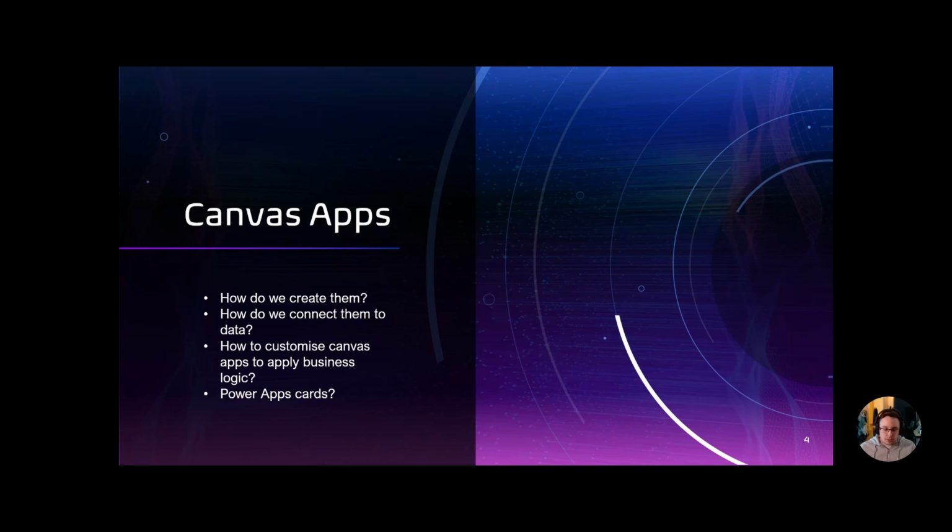But when we looked at how these apps were created, a few of them didn't have a connection to data. So when it comes to the PL-200, we have to understand how we deal with Canvas apps, how we would start to connect them to data and then customize that from there. So that brings us on to our next point, which is how do we connect to data?